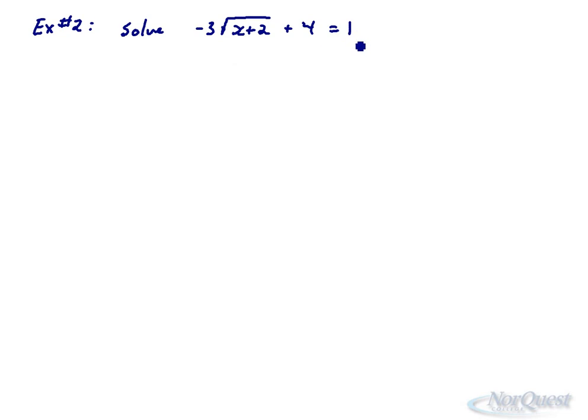So what we're going to do is set this equal to 0: negative 3 square root x plus 2 plus 3 equals 0. And then we're going to graph that equation. You'll see what happens when I have a negative sign out front.